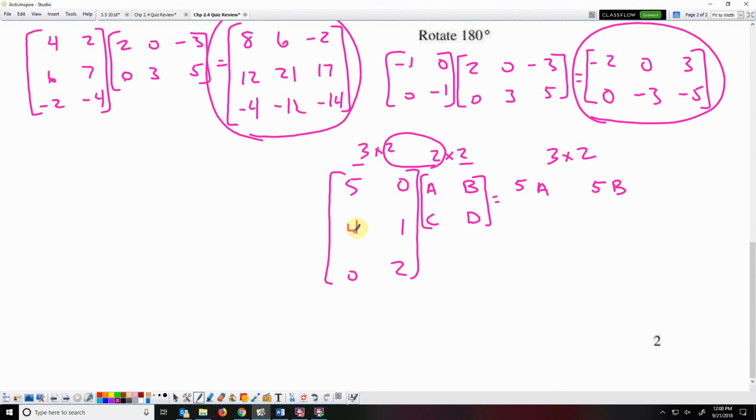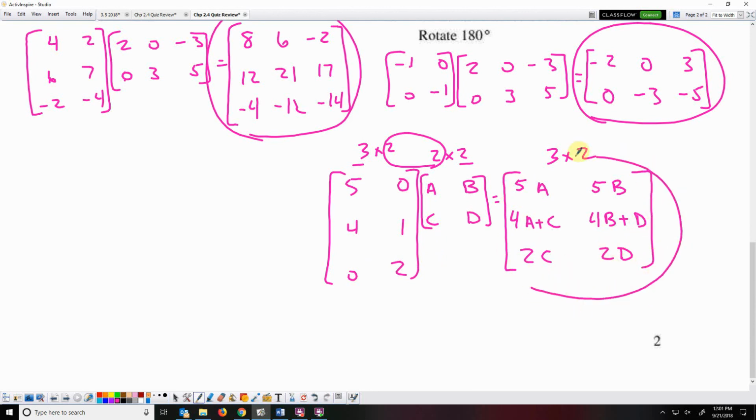Second row by each column, 4A plus 1C is 4A plus C. 4B plus 1D is 4B plus D. And the third row by each column, 0A plus 2C is 2C. And 0B plus 2D is 2D. So there is my 3 by 2 result.